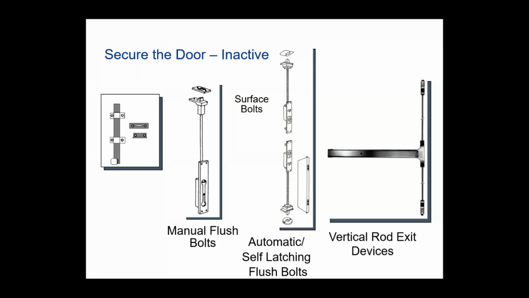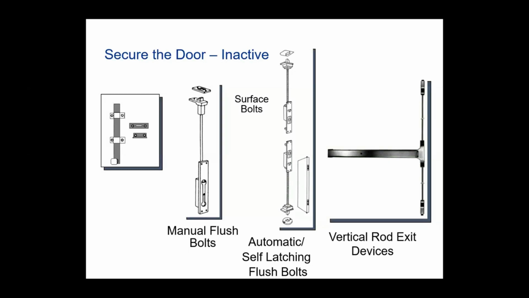Now, if you have a fire rated opening, whether it be 20-minute rated, 45-minute rated, 60-minute rated, or 90-minute rated, you're going to have to use a type of automatic flush bolt or self-latching flush bolt. What this does is, when the inactive leaf closes and the active leaf closes into it, basically at the top and the bottom, you can see small little latches there.